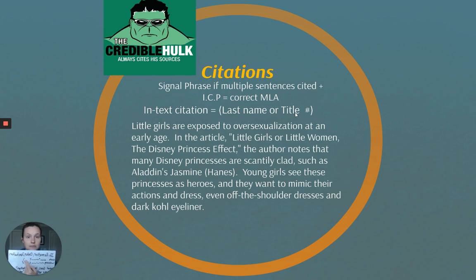What goes on my works cited page at the end. I'm just going to give you that little bit right here because if I gave the whole works cited citation in my paper, that would make my paper really difficult to read. And I don't want to do that. So what I'm going to do is just give you a little breadcrumb right here that will lead you to my entire works cited citation at the end of my paper.